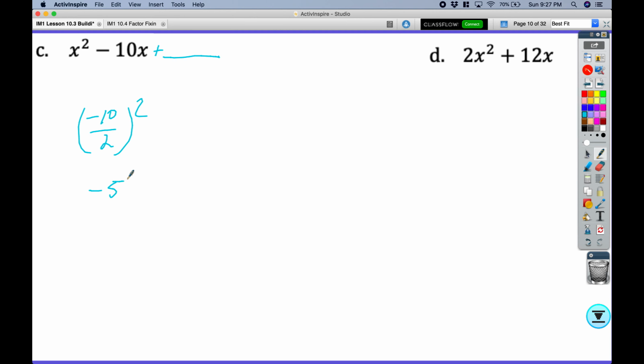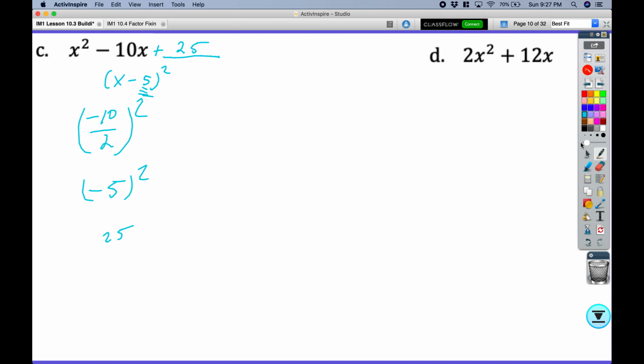So we're going to have negative 5 squared, which would give me 25. So I'm going to be adding 25 here. Okay, so then the next part is to write this in vertex form. This would just be x minus 5 parentheses to the second power. Remember, it's always your b value divided by 2, which is going to be that part.